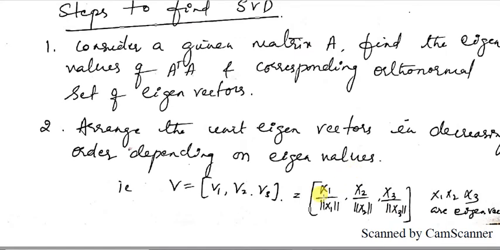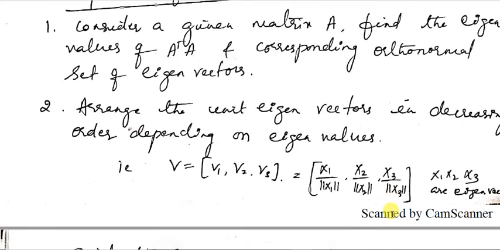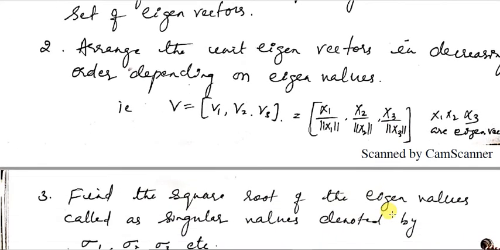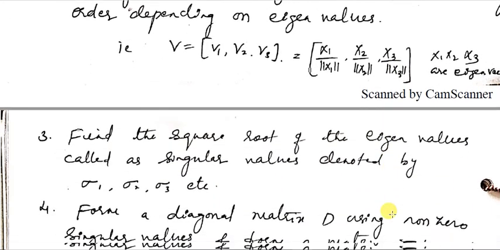So for each eigenvector x1, x2, x3, we have to compute the normalized vectors V1, V2, V3, which are nothing but the normalized eigenvectors. V1 is equal to x1 by norm x1, V2 is equal to x2 by norm x2, V3 is equal to x3 by norm x3. These normalized eigenvectors are called the unit vectors.